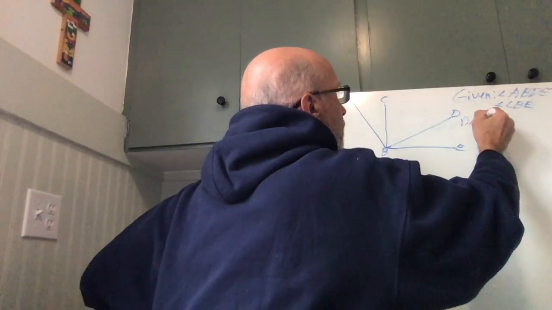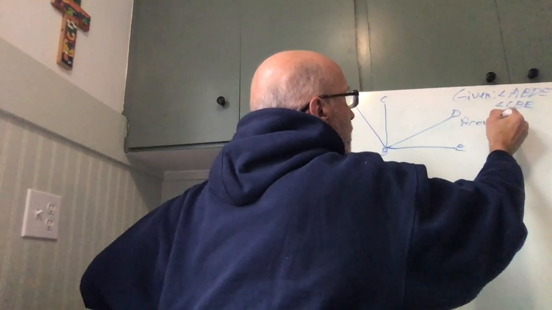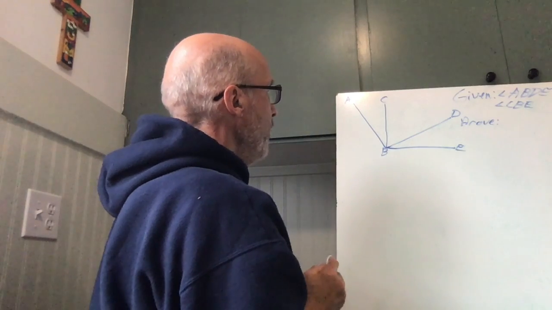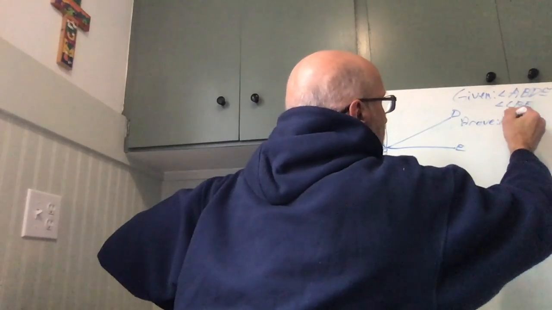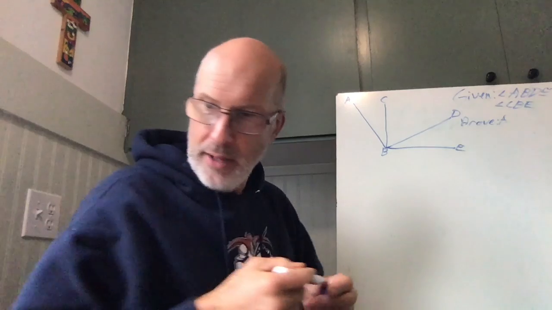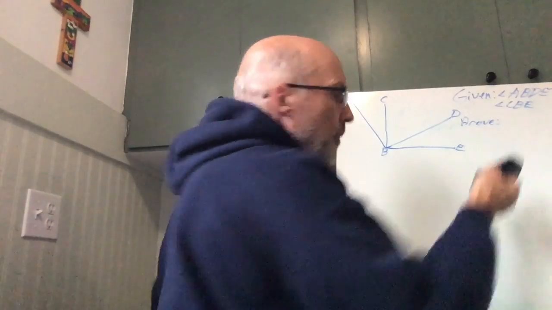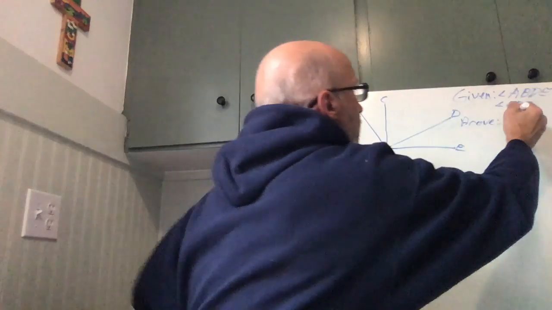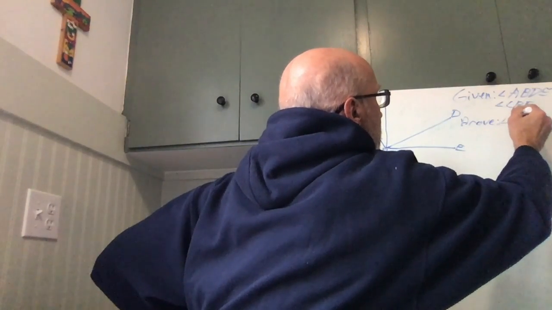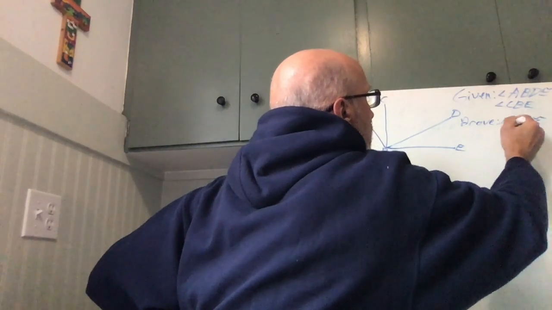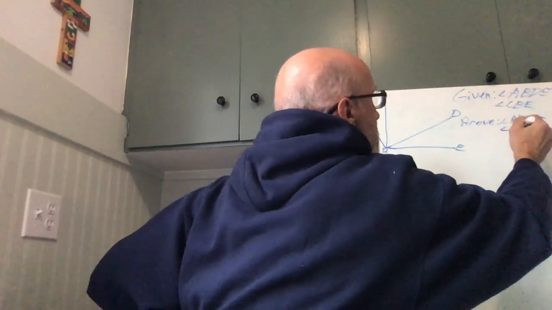You are going to prove that these two smaller angles are equal to each other. Sorry, I forgot the angle sign. Prove that angle ABC is congruent to angle DBE.